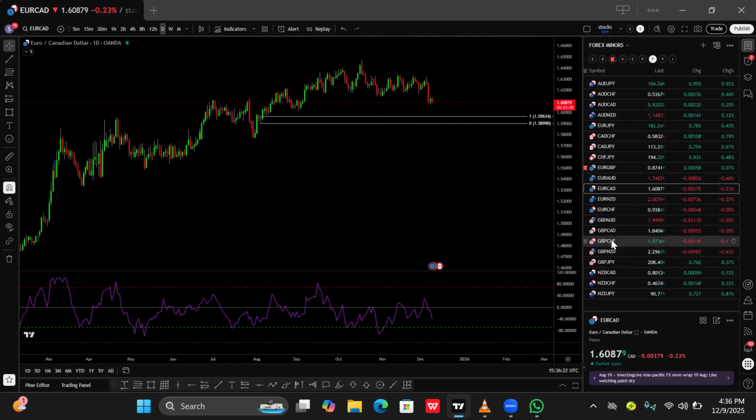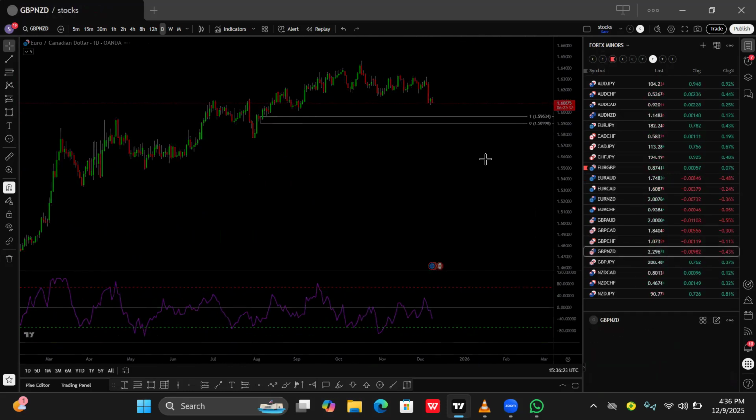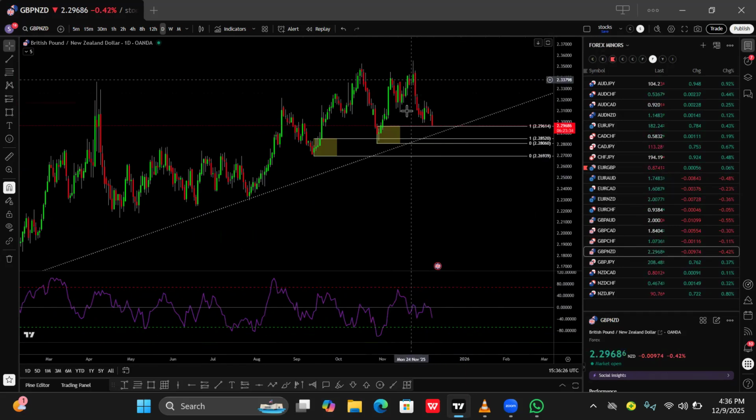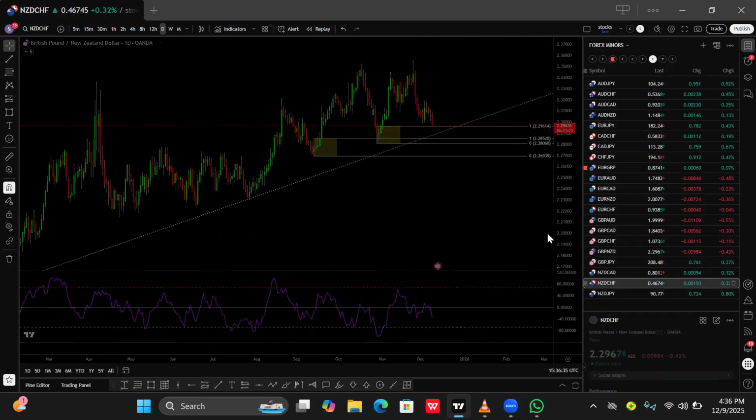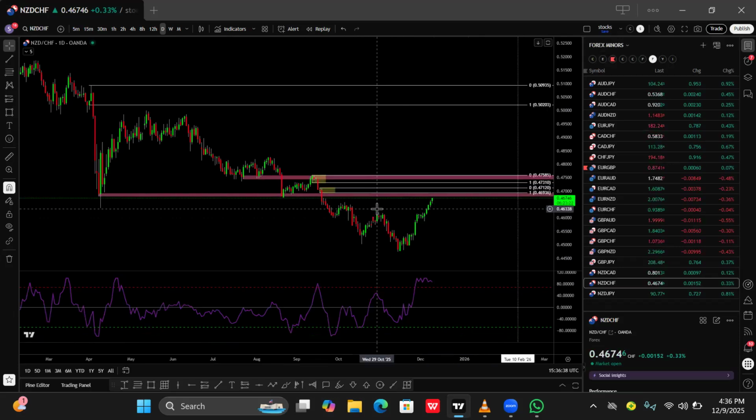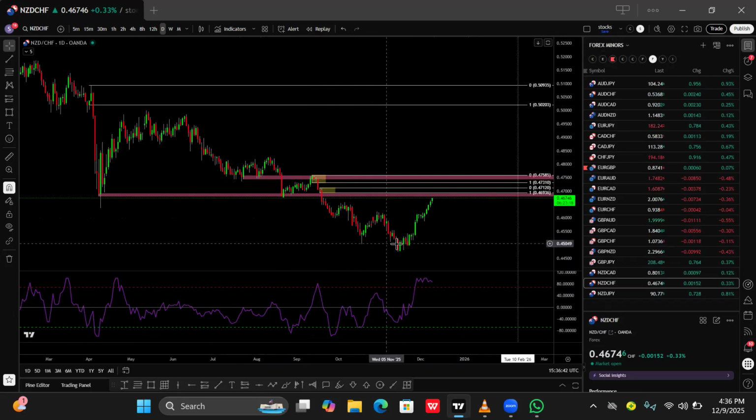If you look at GBP NZD, it's going to be a different story. I told you, I don't think this trend line is most definitely going to break. And we might see NZD CHF now we've broken this previous high, which we haven't seen in a very long time.